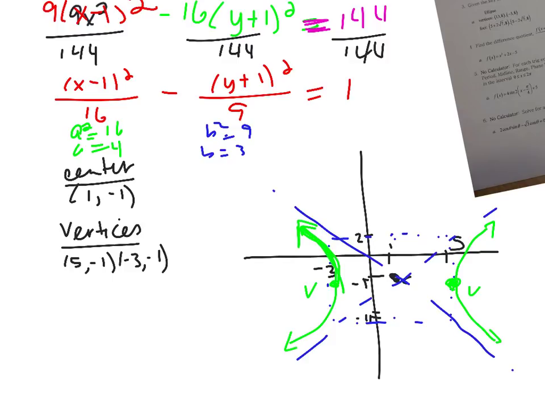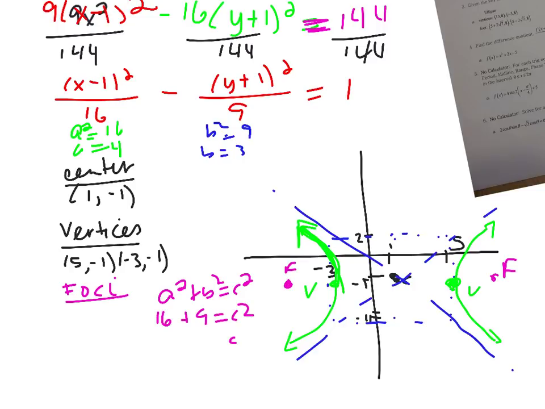Okay, so now we need the foci. So there's one there, and there's one over here. All right, so foci, remember, you're going to use a squared plus b squared equals c squared. So that's 16 plus 9 equals c squared. So c squared equals 25, so c is plus minus 5.